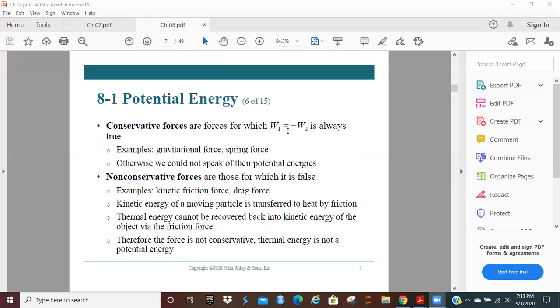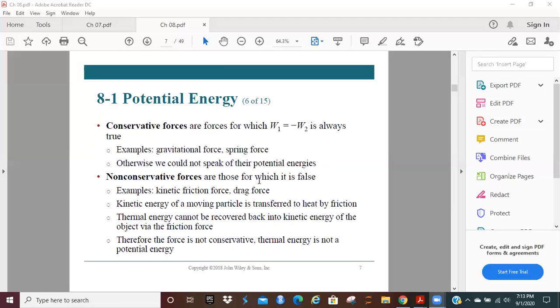So in other words, this is going to be equal to the negative of the other. So we have just seen 2 examples of conservative forces. One is the gravitational force and the other is the spring force. Otherwise, we can't speak about potential energies.